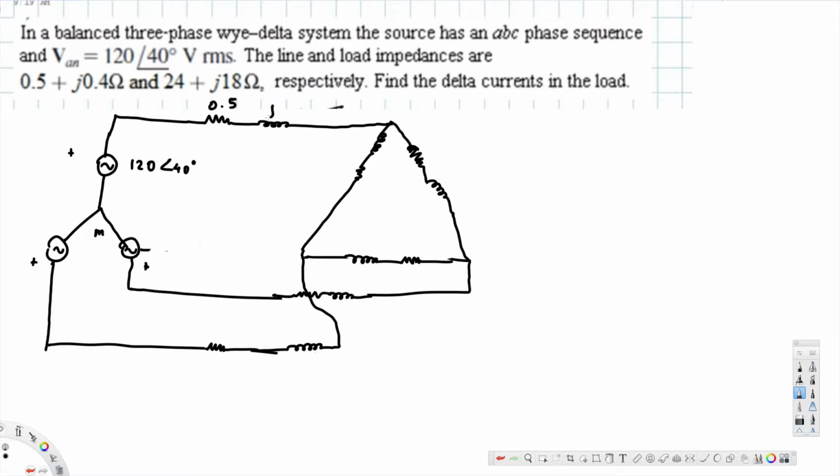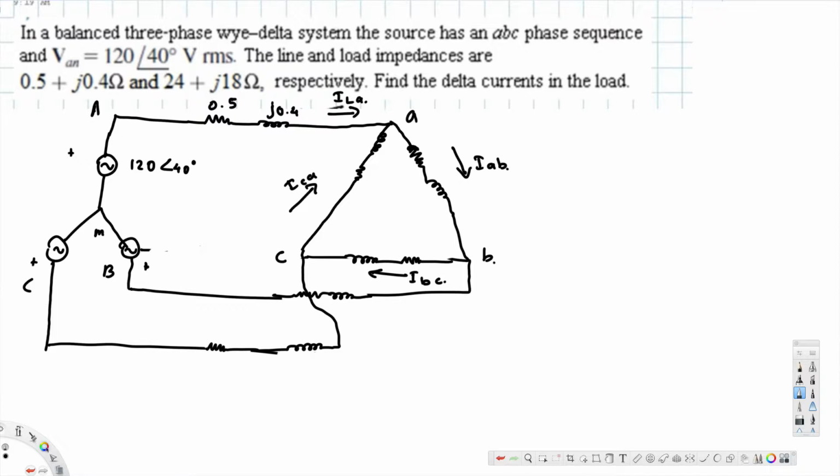This is j0.4, and this is load current ILA, and then here the current is IAB, and this current is ICA, and this current is IBC, and this one is C, this is A, this is B, and here this is A, this is B, and this one is C.